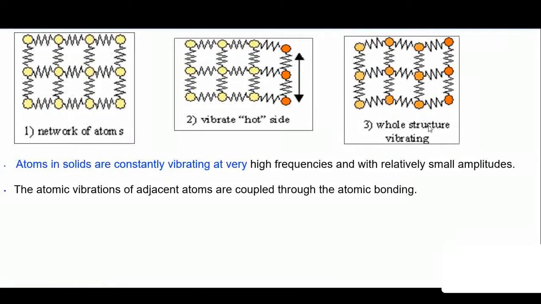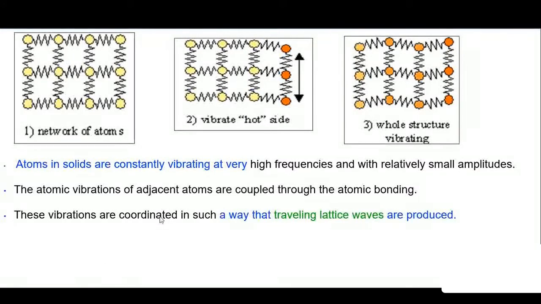So the whole structure will start vibrating, which means the heat is getting transferred. These vibrations are coordinated in such a way that traveling lattice waves are produced, and this is what is called heat transfer by conduction in non-metallic solids.